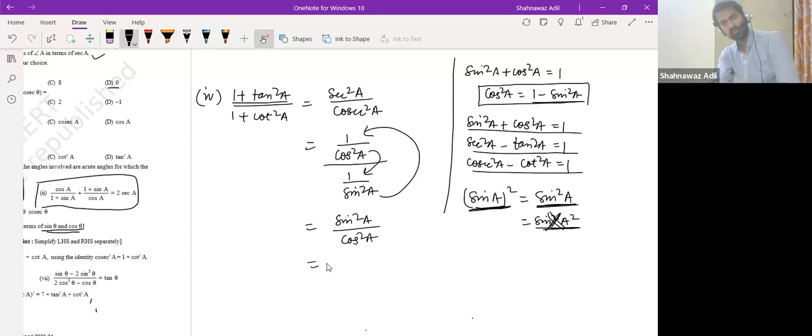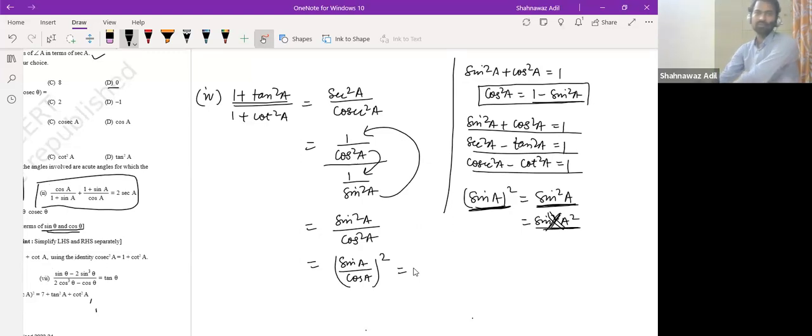What is sine A by cos A? What is sine theta by cos theta?